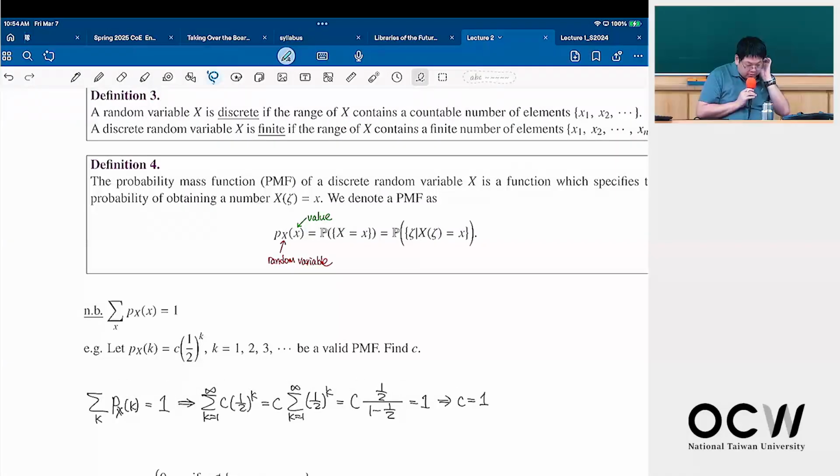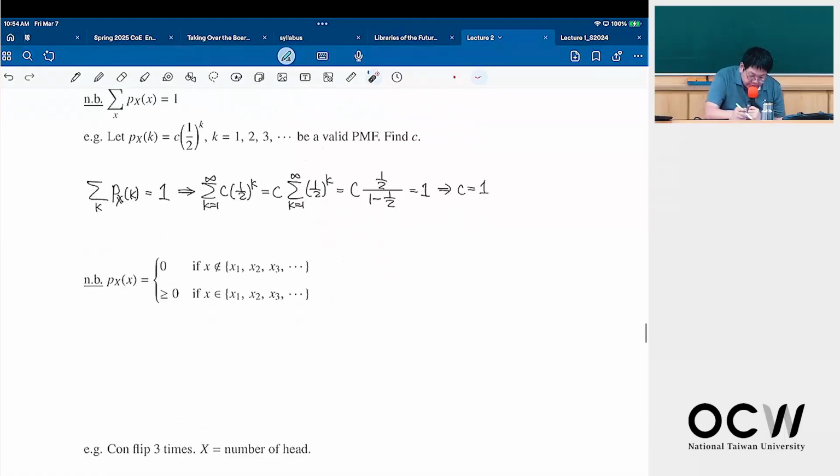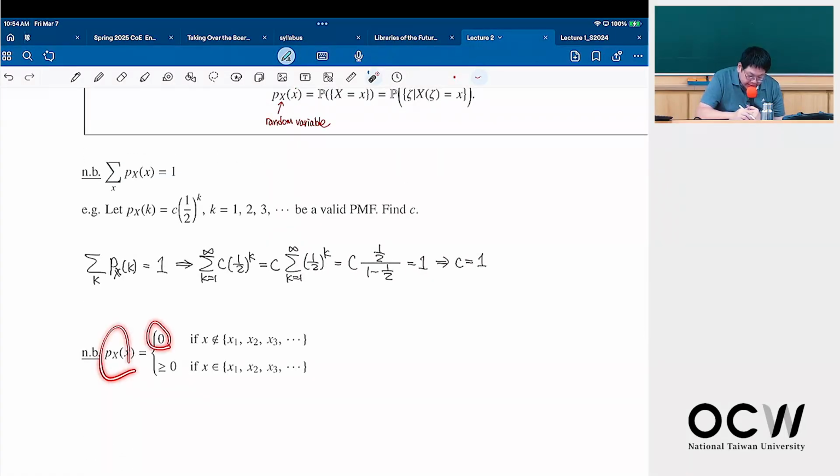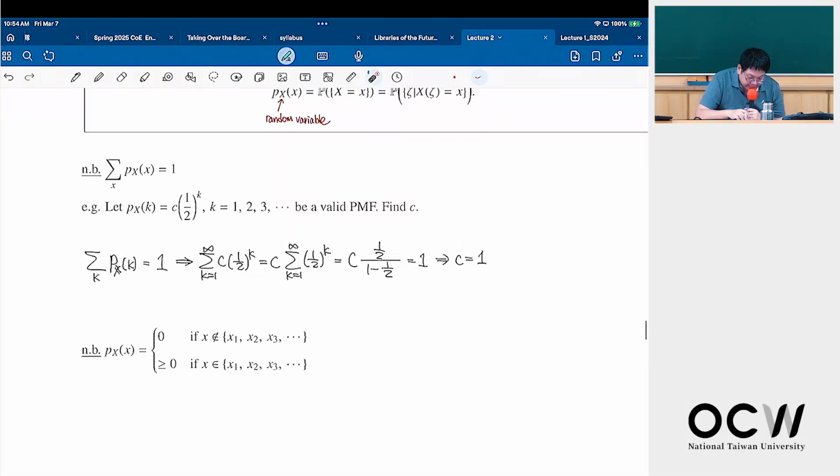Another note: the PMF is either 0 or greater than 0. If x is on a certain number, then it's greater than 0. Otherwise, it'll be 0.